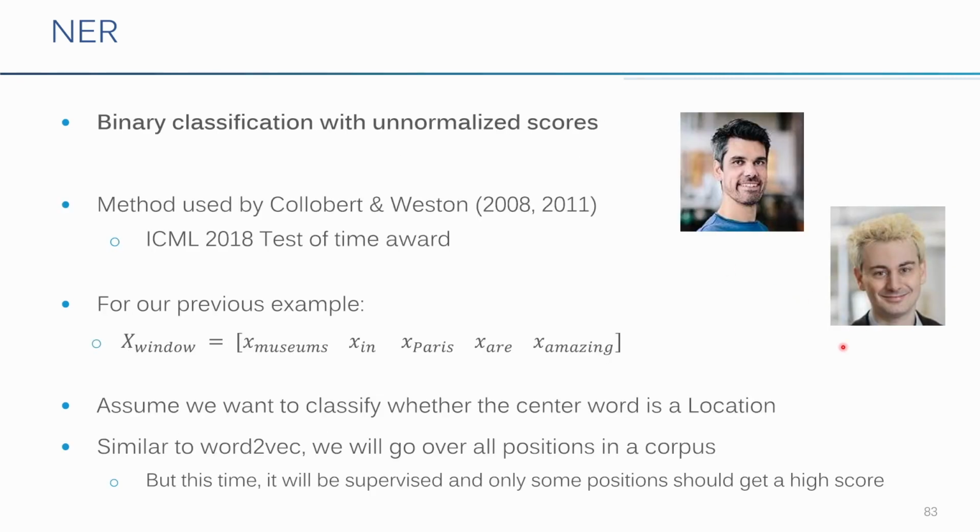This idea was actually proposed and was a method used by Collobert and Weston in 2008. Just for the sake of sharing information, this work actually got the ICML 2018 Test of Time Award.